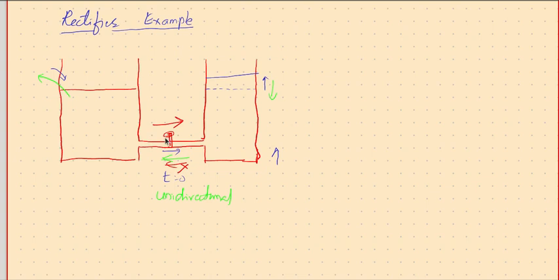But now the wall, being unidirectional, is not allowing water to flow back, therefore the water at this level is going to remain the same and does not come back.